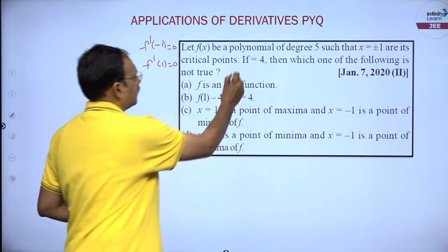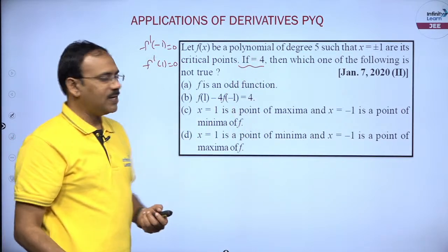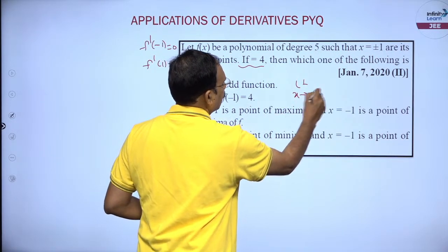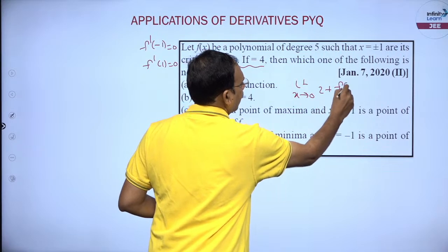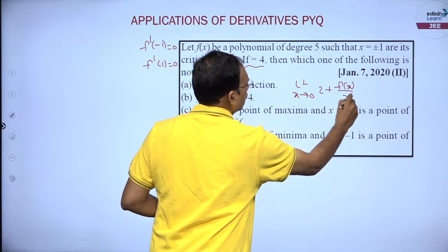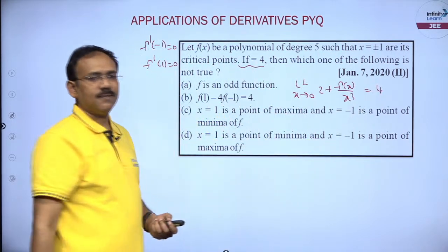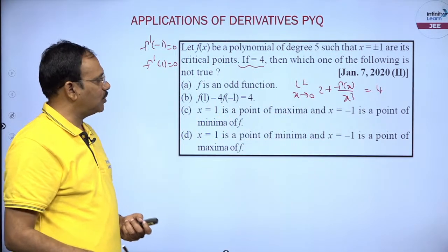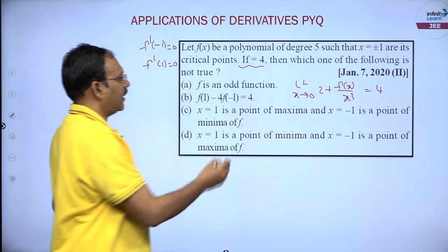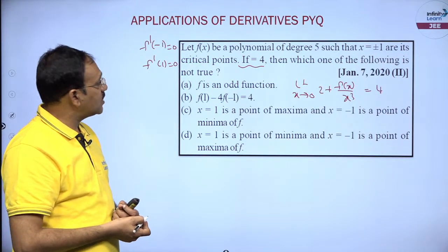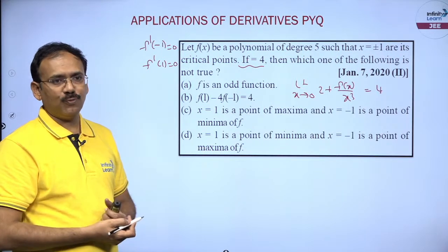And here some printing error is there, you please read it as, limit x tends to 0, 2 plus f of x by x cube is equal to 4. Then which of the following is not true?